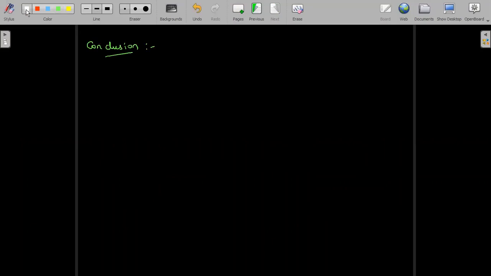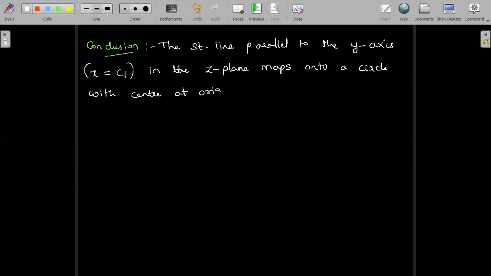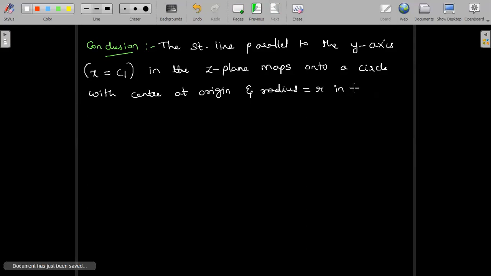The conclusion says that the straight line parallel to the y-axis, x is equal to c1 in the z plane, maps onto a circle with center at origin and radius equal to r in the w plane.